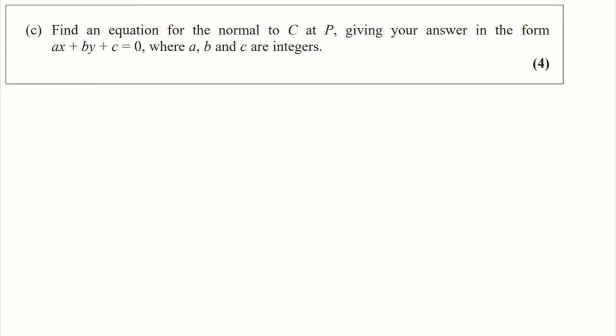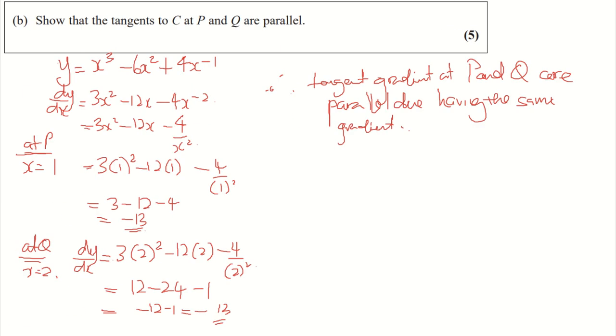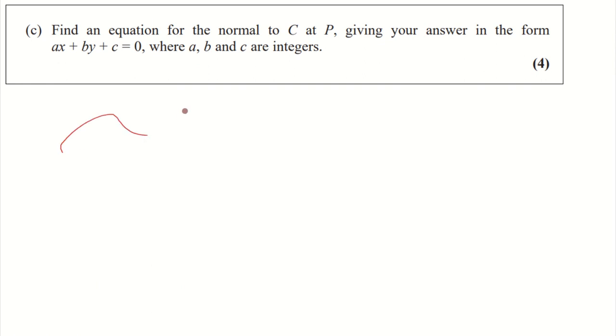Next, find an equation for the normal to C at P, giving your answer in the form ax plus by plus c equals 0, where a, b, c are integers. So find an equation for the normal to C at P. Okay, normal. If I have a curve and this is the tangent line, then the normal will be exactly perpendicular to the tangent.